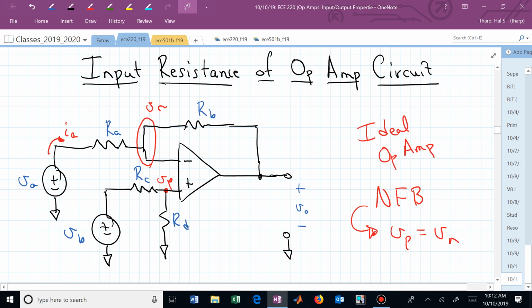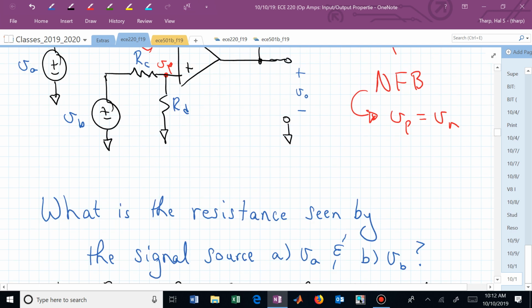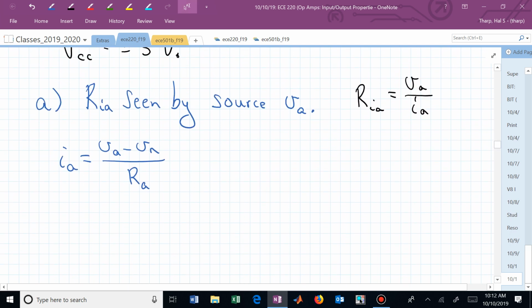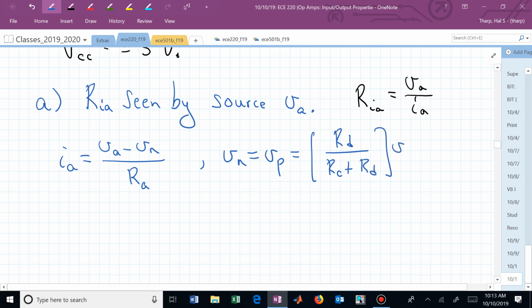If you do that, you'll see that that's just a voltage divider, and now we can use that to keep going here. Now we know that we need V sub N, but V sub N is equal to V sub P by the negative feedback, and V sub P is R sub D over R sub C plus R sub D times V sub B.